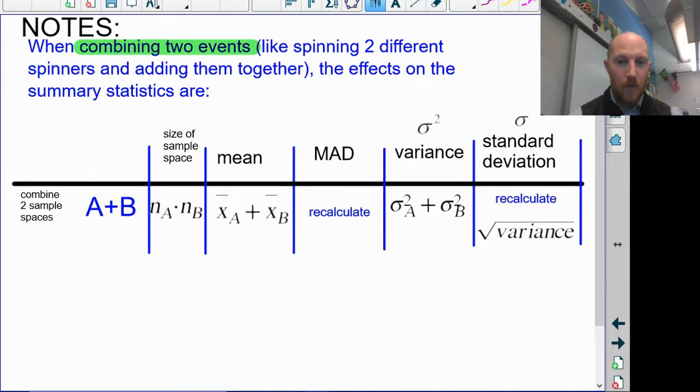The mean absolute deviation has the one advantage it has is it's easiest to calculate. But if we start looking at any kind of combined events or any of the other stuff we're going to look at, repeated events, all this other stuff we're going to do, mean absolute deviation just does not have an application there. It does not have an easy way to calculate in larger, more complicated circumstances.